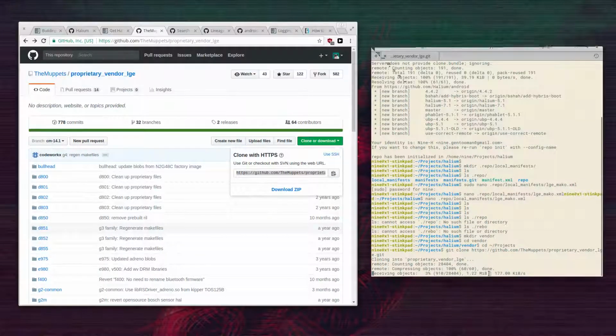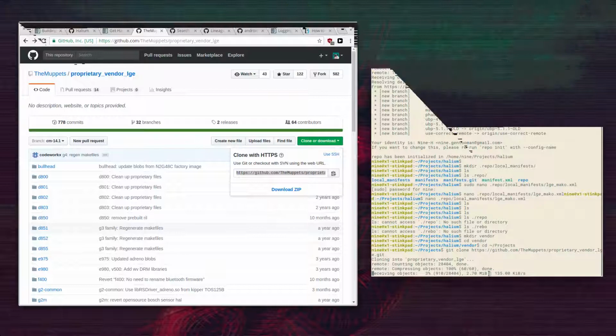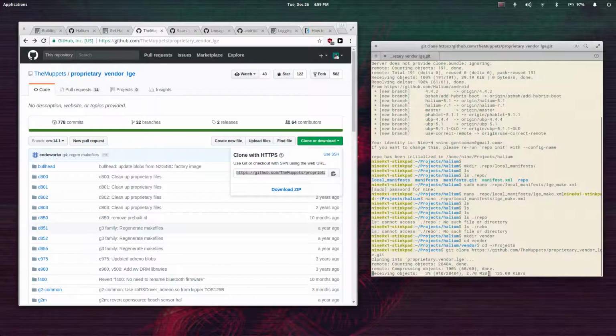If anyone knows of a faster way to just get a specific folder in a Git repository, I'd love to know it, because that'd be really handy. So what I'm doing here is downloading the driver source for the handset, which is the Nexus 4.